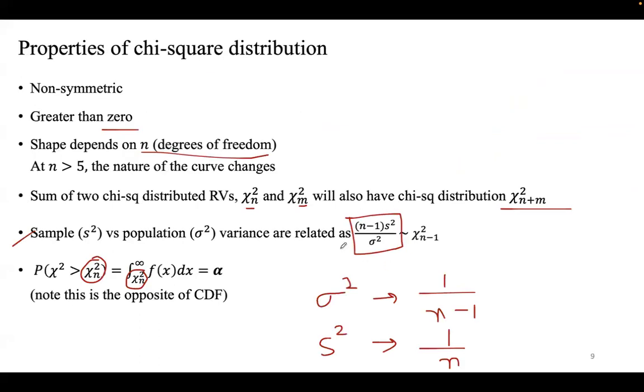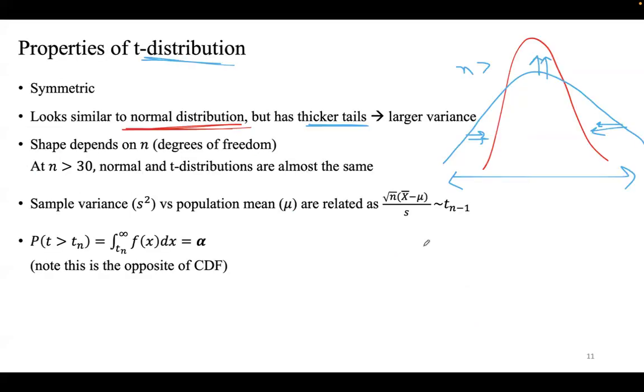Now here what we had seen, when you take sample variance and population variance, they are related using chi-square distribution, where the degrees of freedom is n minus 1. Now, sample variance and population mean, different things. Sample variance and population mean are related using t distribution, also with degrees of freedom n minus 1.